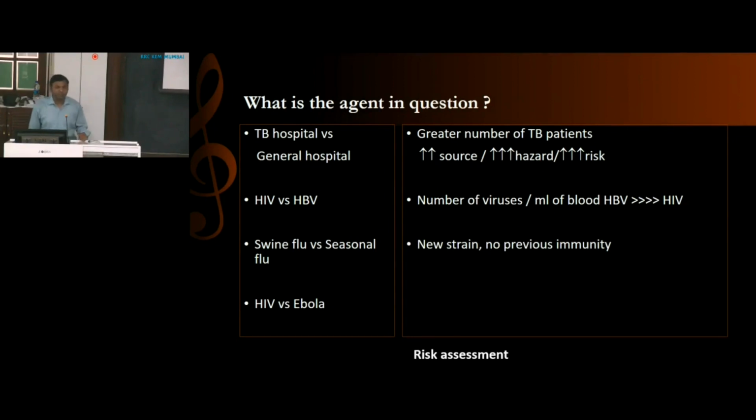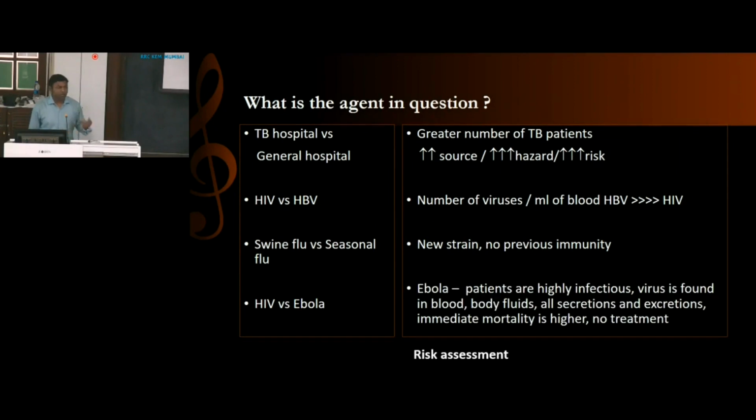Seasonal flu is influenza A. Swine flu is also a type of influenza A, H1N1 strain, or H5N1 or H3N2. These strains tend to cause more severe disease, especially in children and the elderly or persons having pre-existing lung conditions like asthma. So these strains are more dangerous than seasonal influenza A.